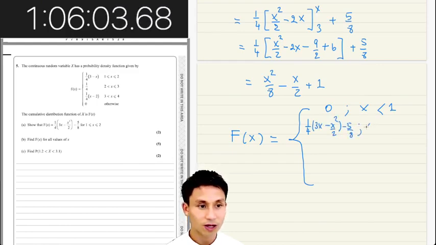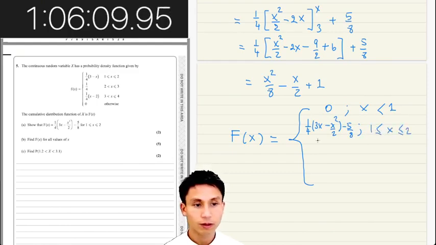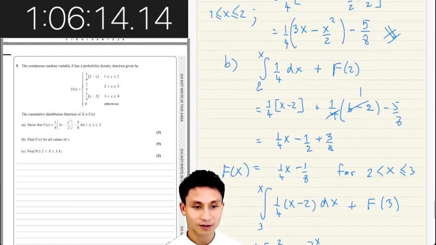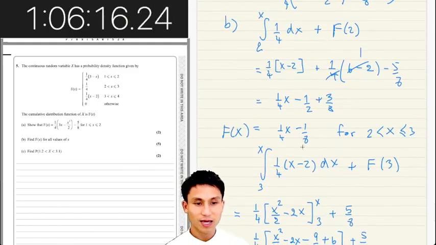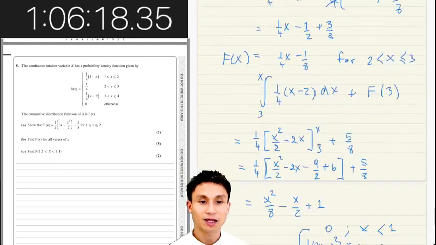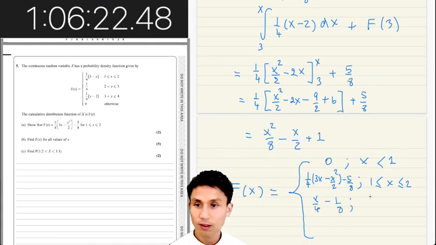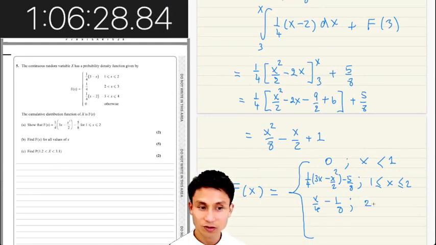And you've got to write the range here as well. And then the next part is this, right? So x over 4 minus 1 over 8. Yeah, that's the next part, which is, what is that? 2 less than x less than or equal to 3.